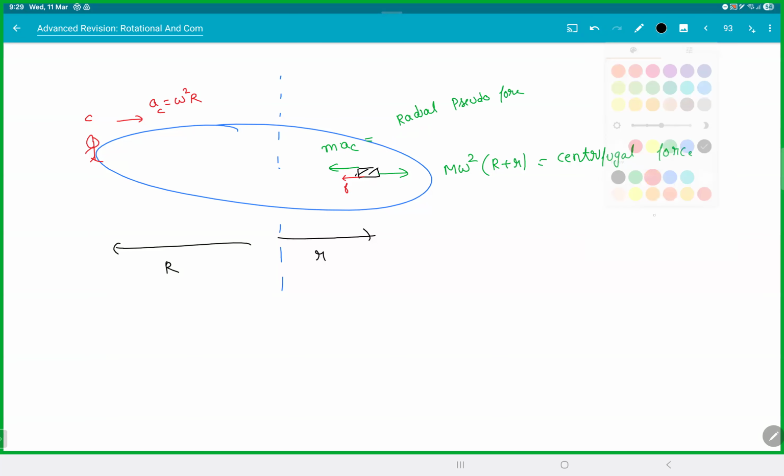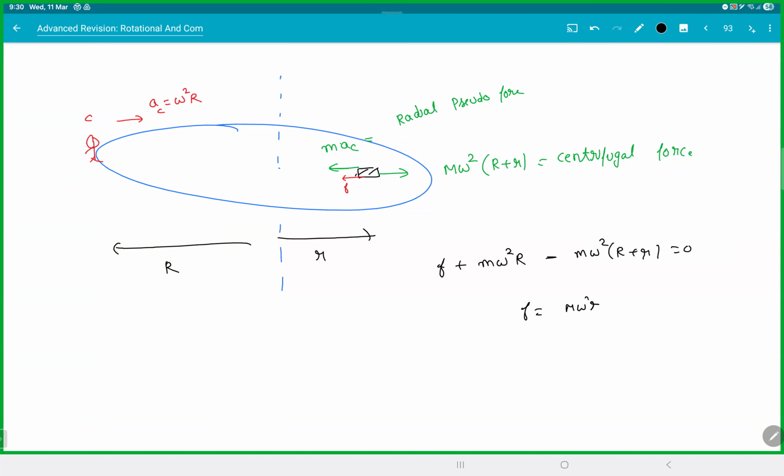Now, if you ask him to solve the question, he will say F equals m into AC, which is m omega square R, minus m omega square (R plus r), is equal to minus m omega square r in magnitude. Did you see? The answer is still the same. You get the same thing.